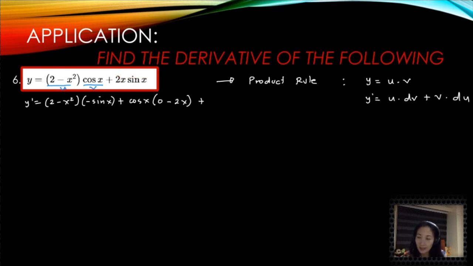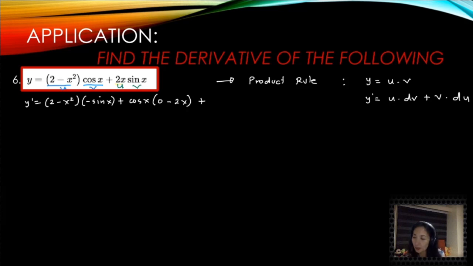Now, looking at the second term, your second term also is a product between 2x and sine x. So here, your 2x is your u, and your sine x is your v.